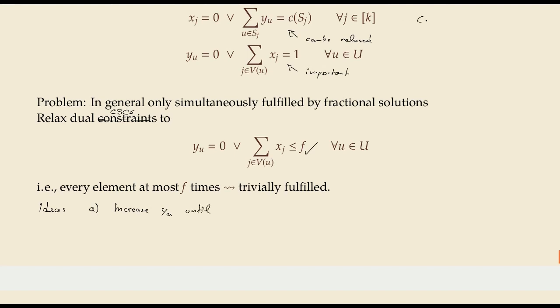So let's say this is CSC1, this is CSC2. So we increase the value here until we fulfill this constraint, but we only consider the sets that we are currently selecting, so this only becomes active if we actually select a set.